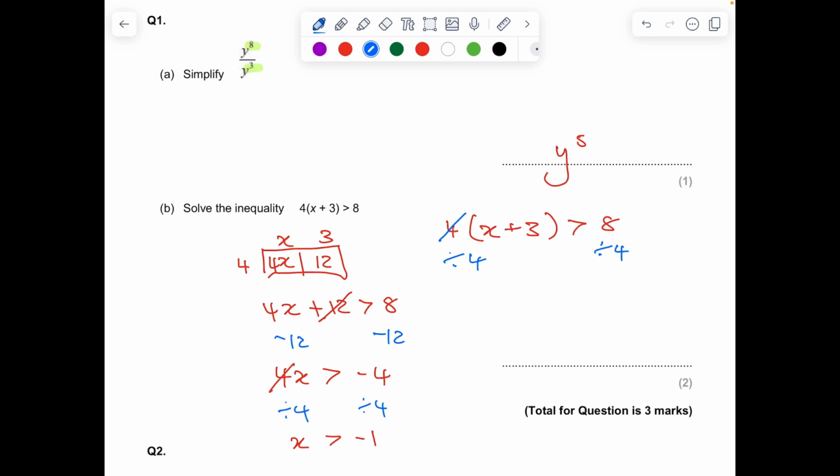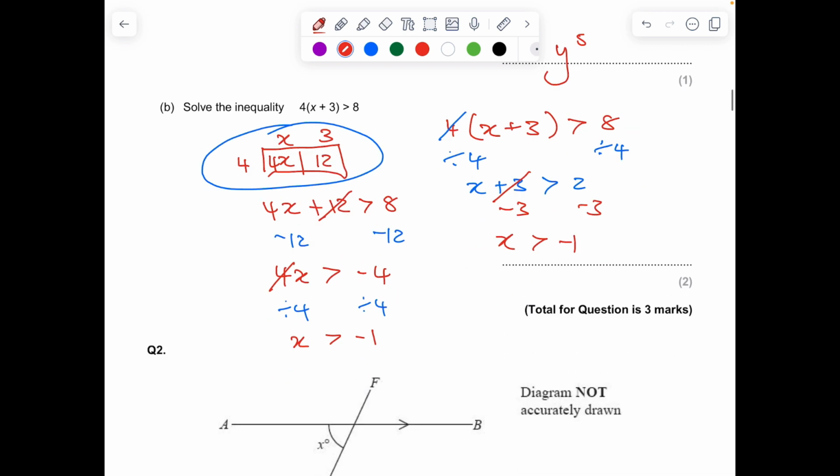Sometimes it's not possible. So I personally prefer this way, multiplying out the brackets first. So then you're left with x plus 3 is greater than 8 divided by 4 is 2. And then you simply take away 3 from both sides to get rid of the plus 3, and you're left with x is greater than minus 1. So both work, it's absolutely fine.